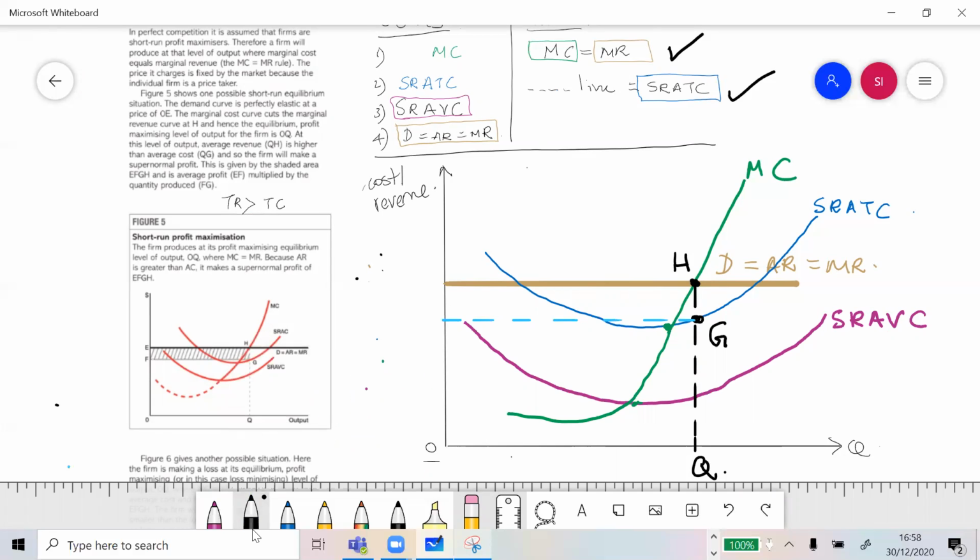This point as E and this point as F. Now the area EHGF, this represents the supernormal profit of a firm in the short run.